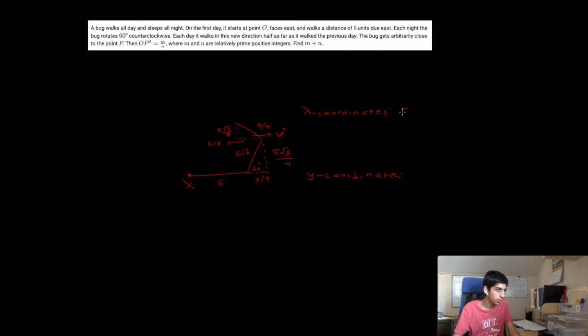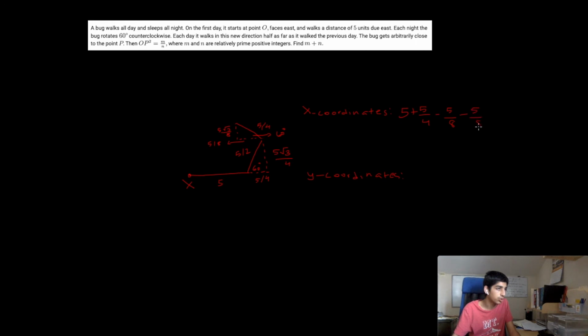So we have 5, and then we add this 5 fourths because that's also in the horizontal direction. Then we subtract this 5/8 because this is in the left direction, or negative. You should notice a pattern that we would keep going like this if you continue this process.